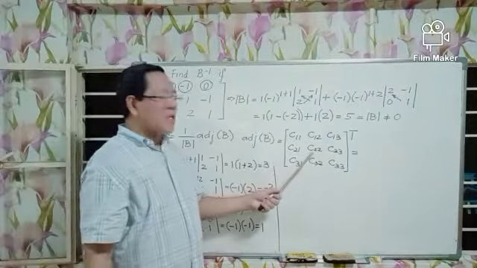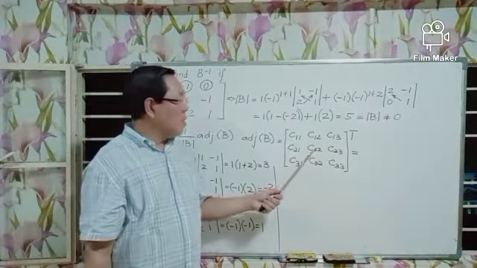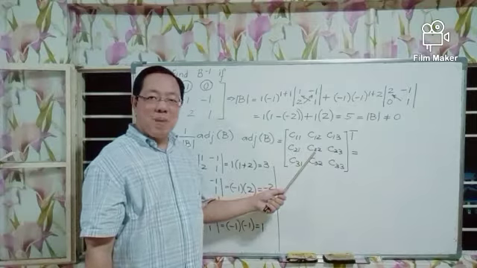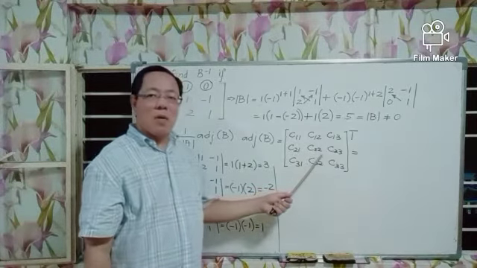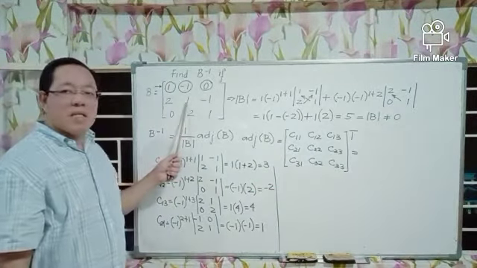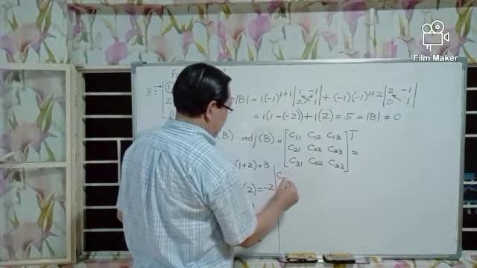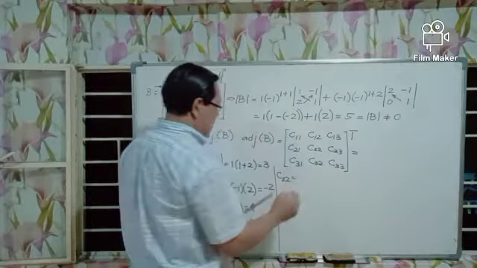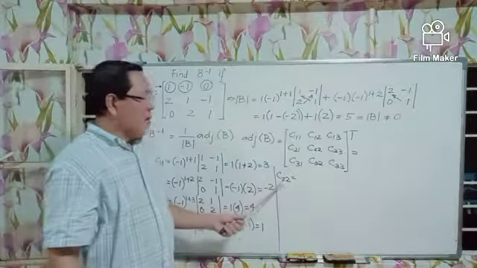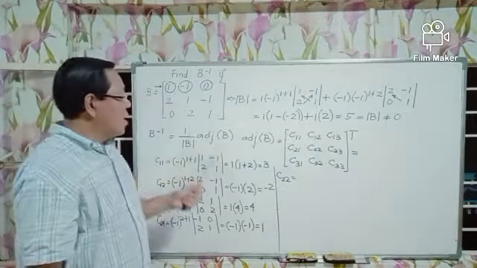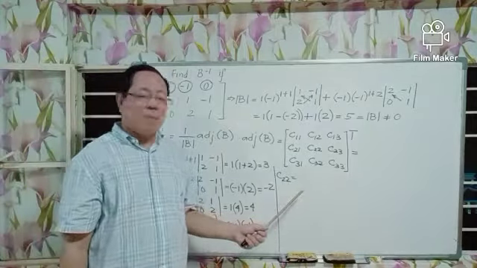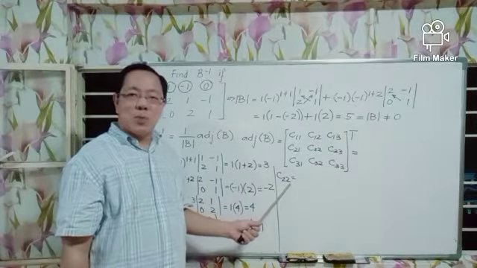Next, the cofactor C sub 22, the cofactor of the element of B in the second row and second column, and that element is positive 1. The cofactor of the element 1 is given by negative 1 raised to the power 2 plus 2.